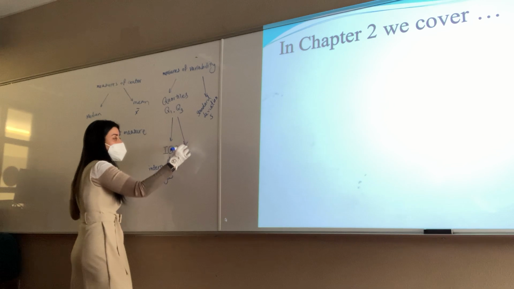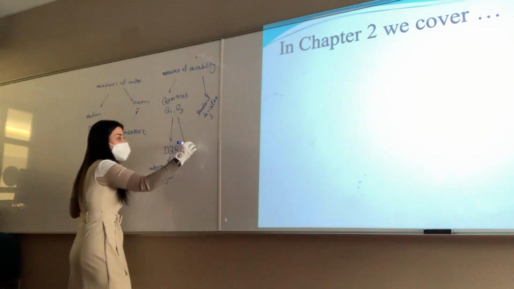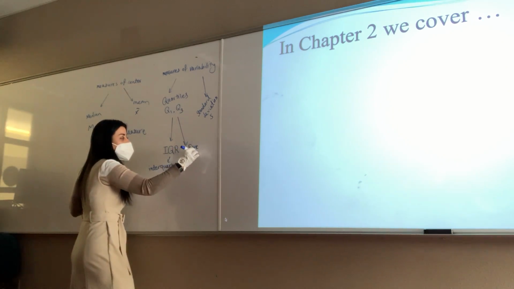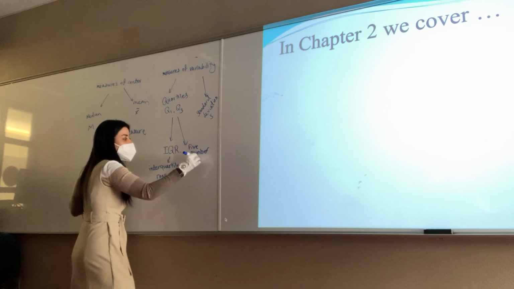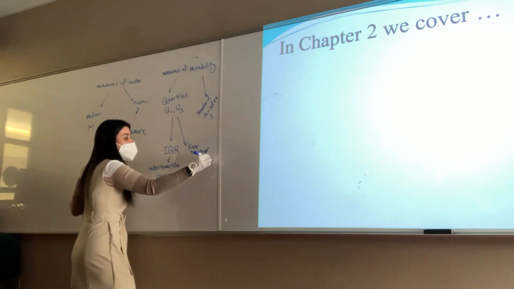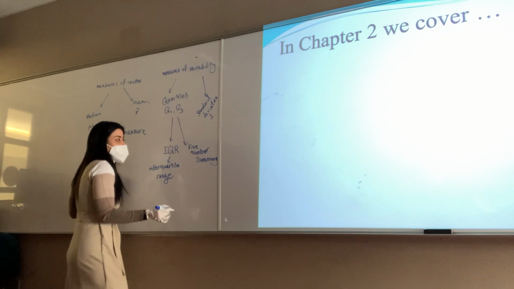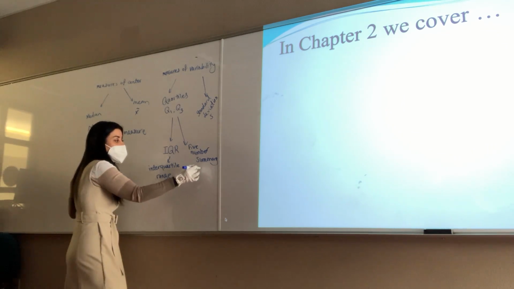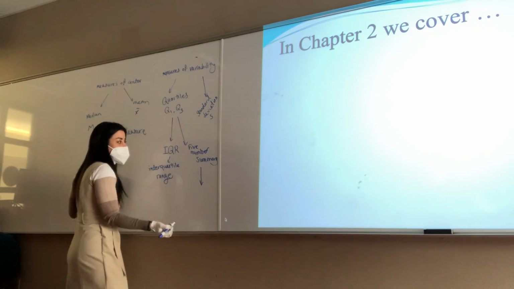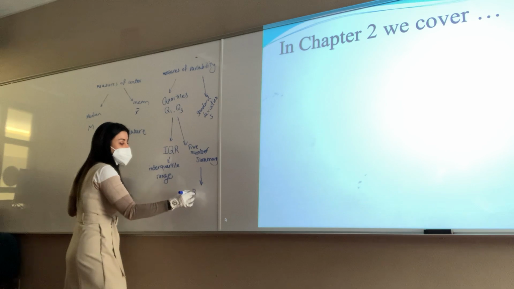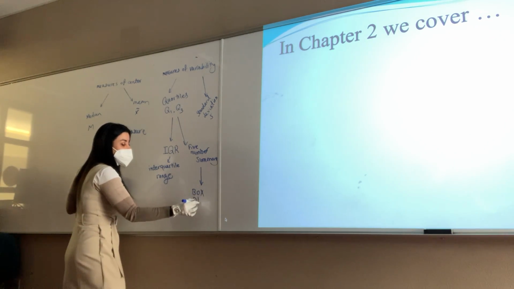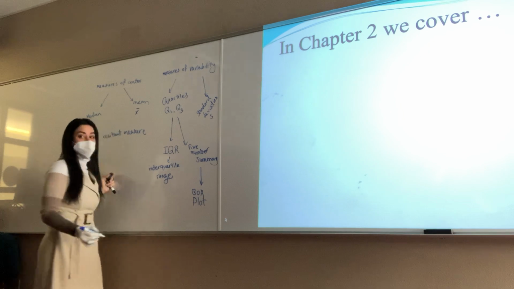And then we are going to talk about 5 number summary, and after we learn about 5 number summary, we will be able to visualize the data set using box plot.